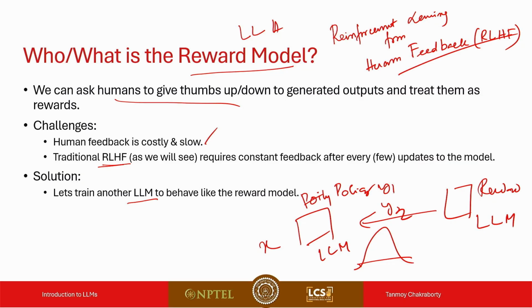So the reward model should say that Y1 is preferred, Y2 is not preferred. Ideally, this should be a human being, but since this is costly, now I am replacing a human with an LLM to act as a reward model. I hope the concept is clear till this part.